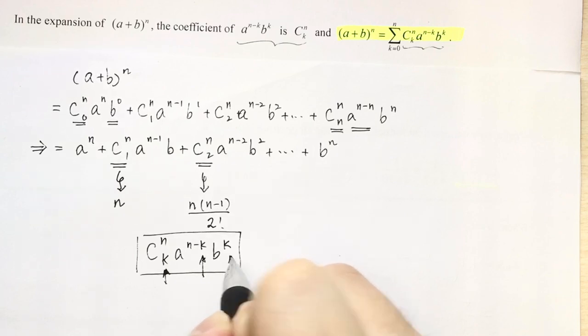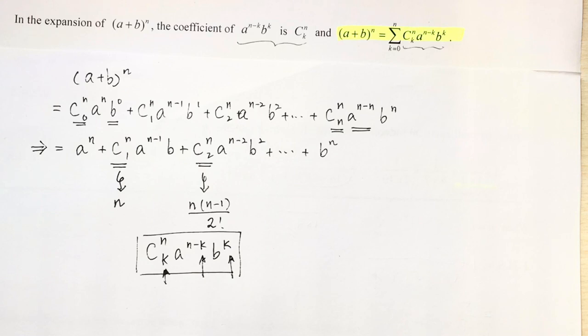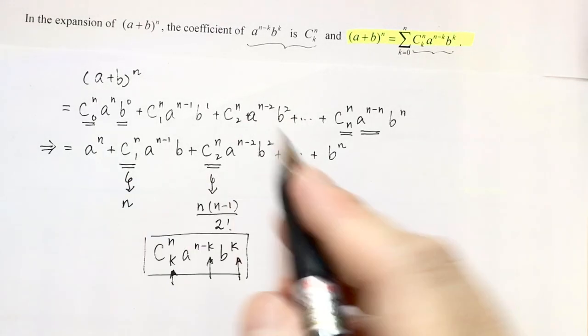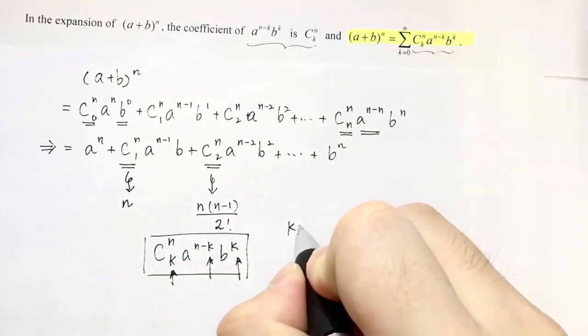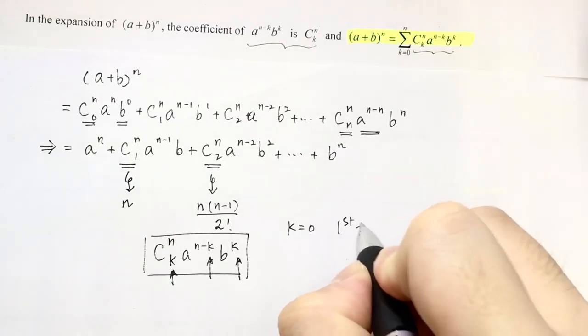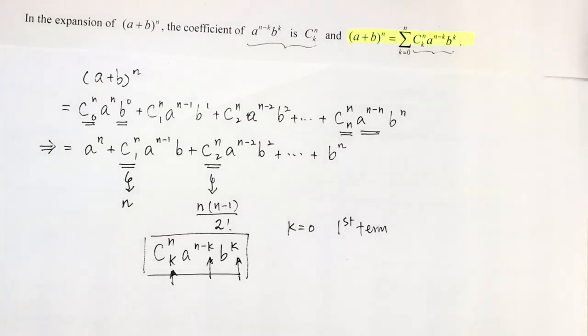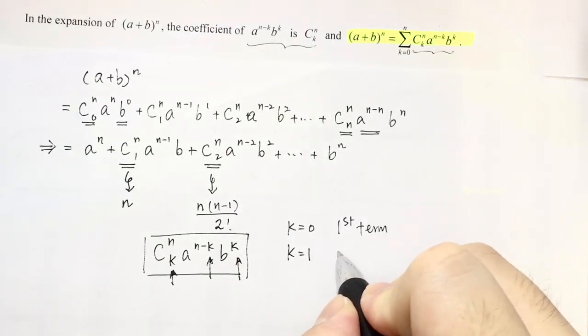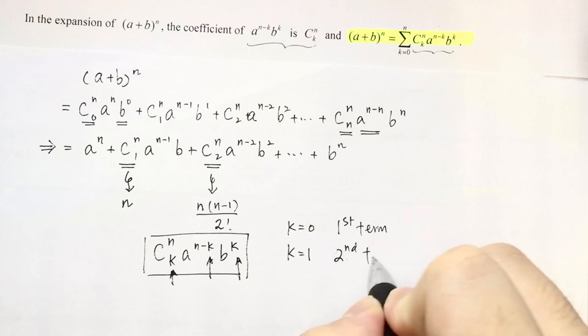What is this term actually in the expansion? Let's look at the first 2 terms in the expansion, the first line here. When k is 0, we are finding the first term, isn't it? When k equals 1, we are finding the second term.